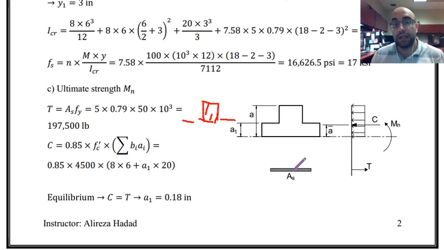I don't know this. That's why in this situation, I'm going to assume the compression block is extended to the lower rectangle. I'm going to continue the solution by this assumption.